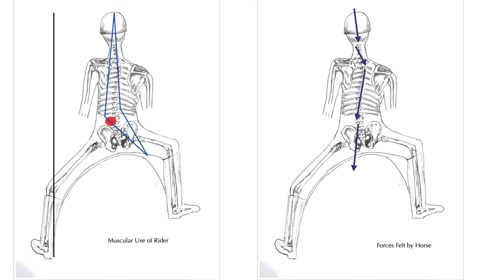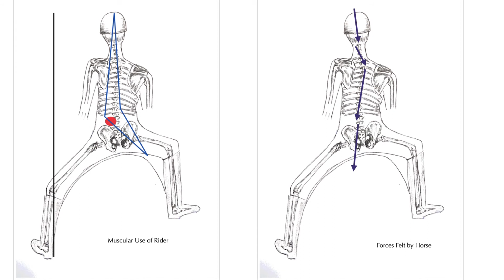So all of that muscular effort is on the left, maybe from the bottom of the thoracic spine up through the neck. There's severe contraction of the rider on the left-hand side. And then as you get to the lumbar and the point of balance, it's going to shift to the rider's right side.